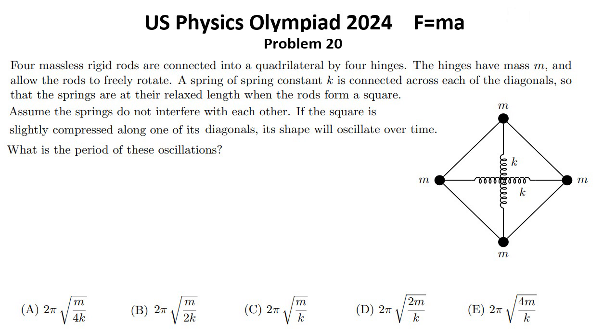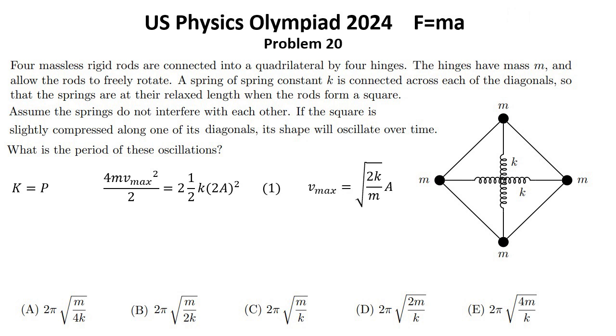Solution to problem number 20. Suppose that one of the masses has moved by amplitude a from its original position, and it currently has speed 0. By symmetry, all of these masses have maximum speed v maximum in the equilibrium position when displacement is 0. So the total maximum kinetic energy of all 4 masses equals the total potential energy of the springs, and we have equation 1.